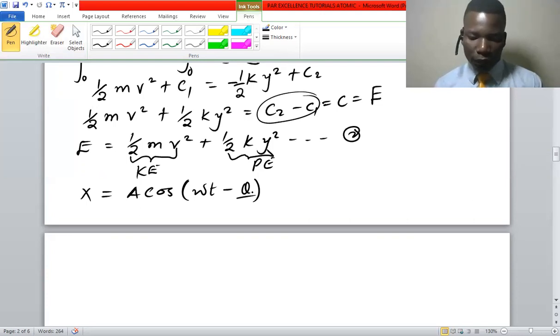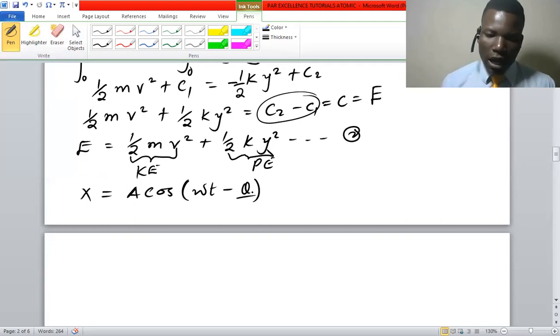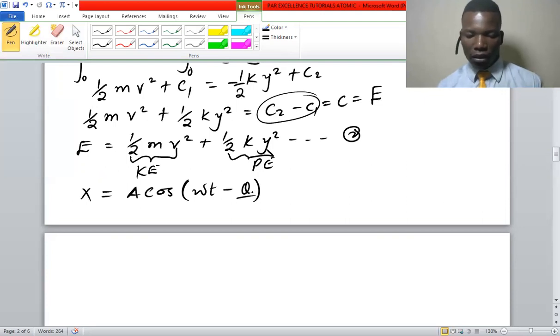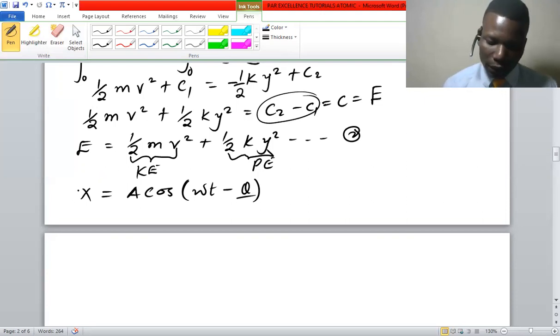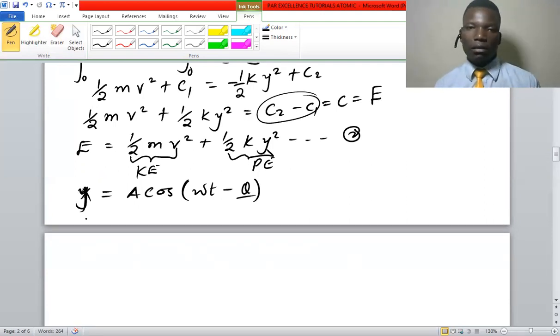So here I've used y, so I'll put y here, but you can use x or y. I took it in the vertical, so I'm using y in the vertical. You can even use x, there's no problem. You are still going to do the same thing and get the same answer, the only difference is going to be the y and the x.